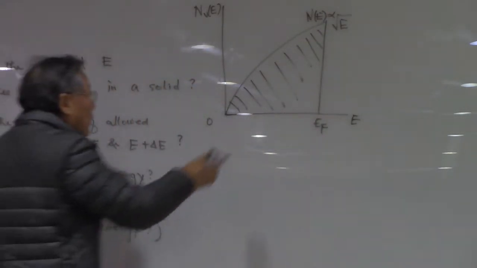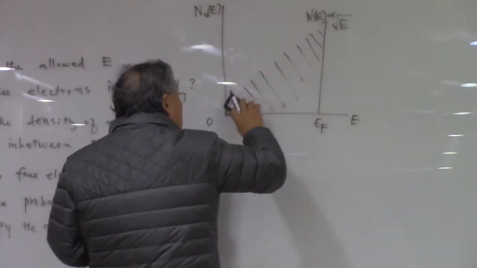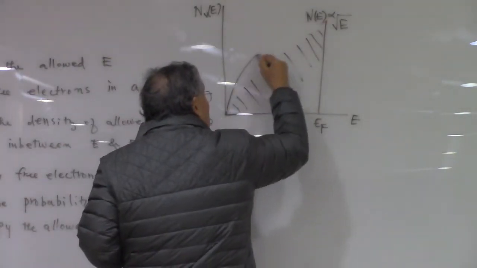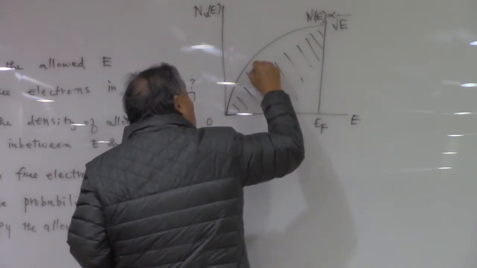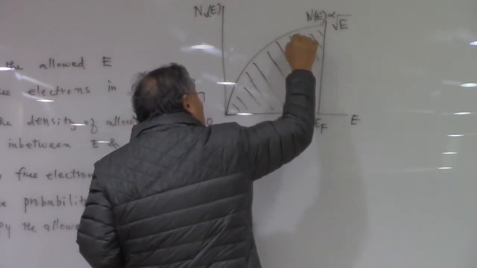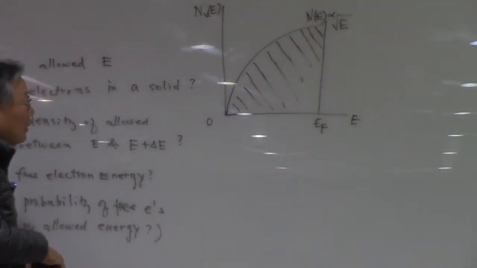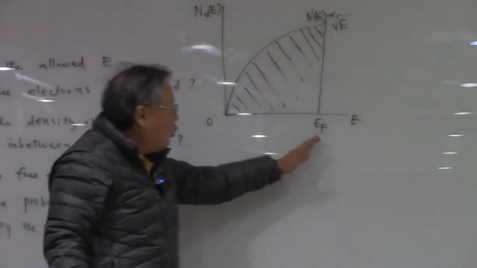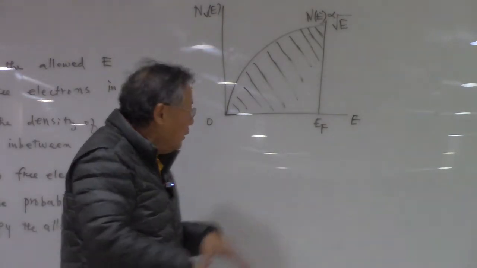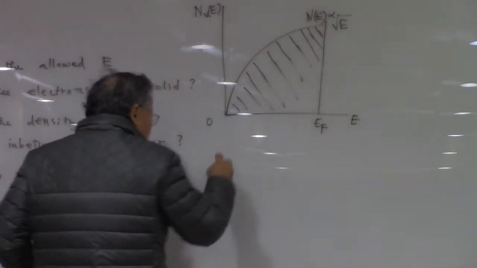That's what we have seen last time. So in a metal case, the free electrons is filled up to Fermi energy levels, Fermi energies.